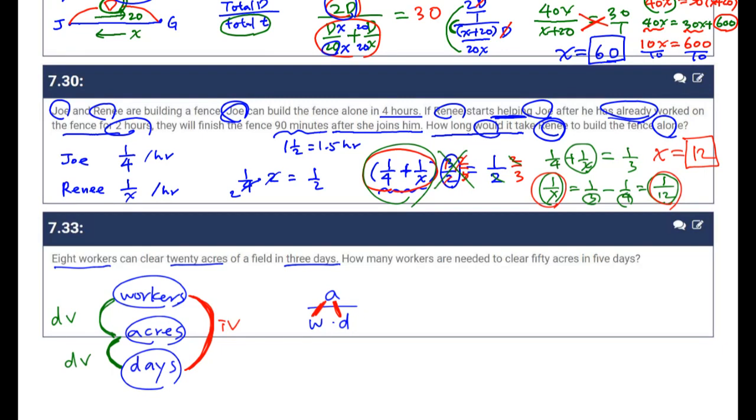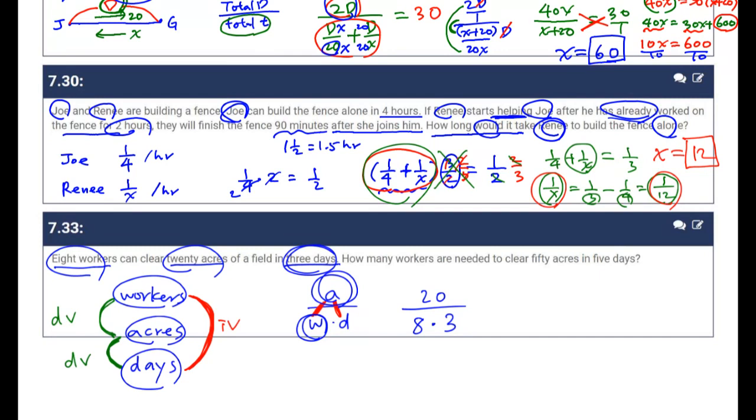Now, what numbers did they give you? 8 workers, that's W. So 8 workers can clear 20 acres. That's A, 20 right there. And that took how long? 3 days, right?